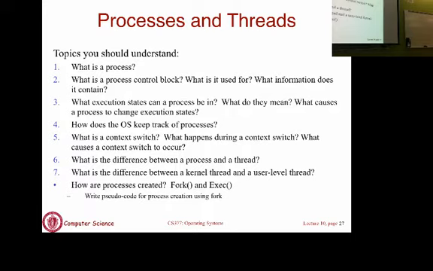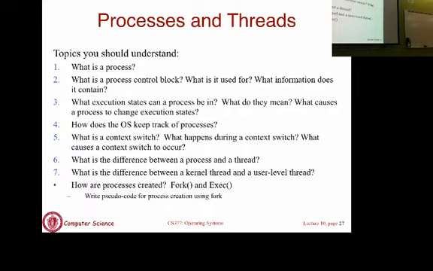Or you may block on a synchronization primitive. When we did this earlier, we hadn't done synchronization, but now we have. So if you do a lock acquire and you block, you can't run anymore. That's also going to result in a context switch. So any of these events may cause a context switch to occur.